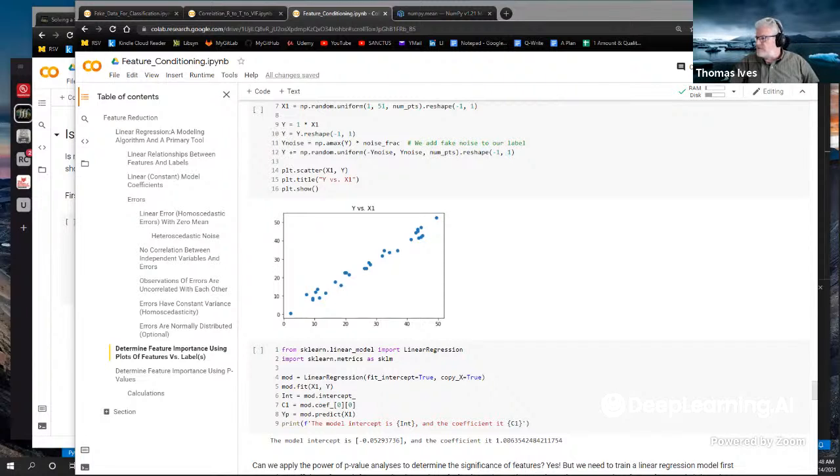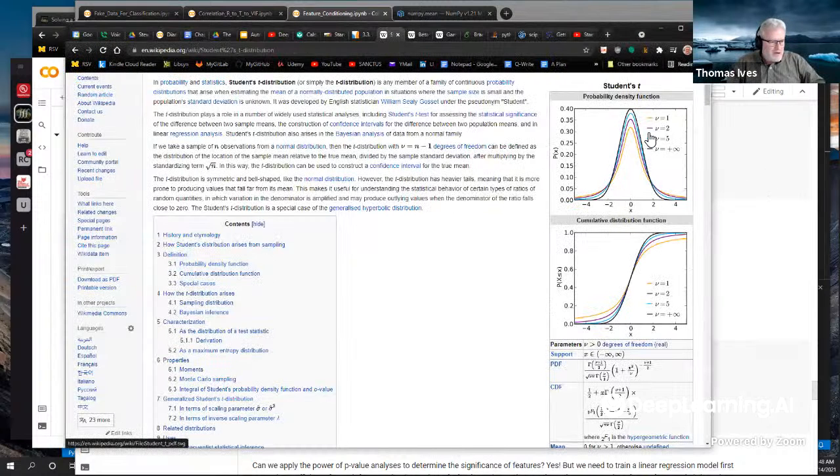I'll show you. This is fun to look at. So you can see here is a degree of freedom of 1. That means there were only 2 samples, and yet we can still get some value from that. There's the distribution for that. You see it having the widest tails out here.